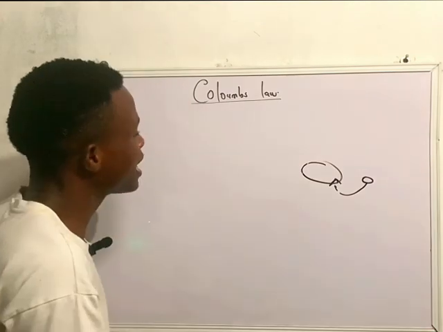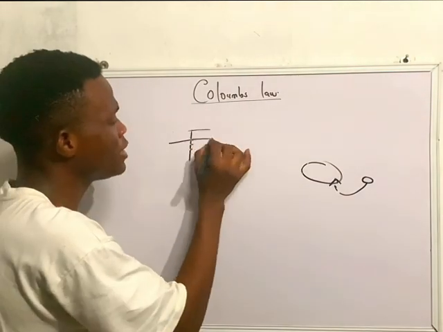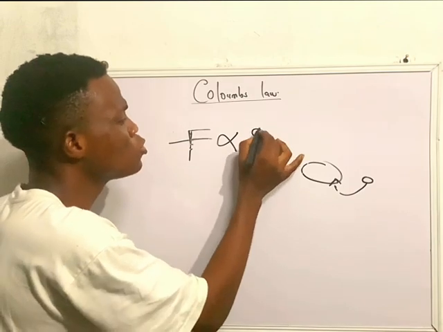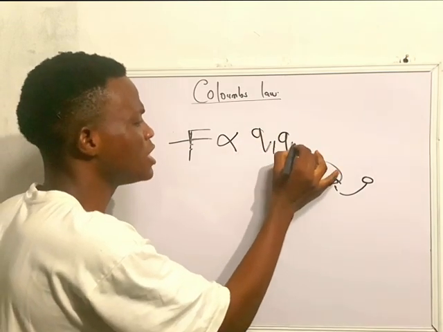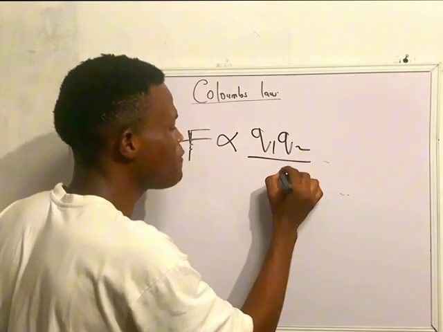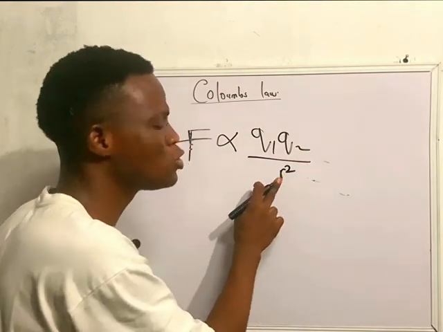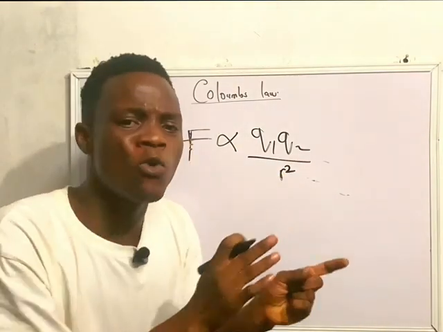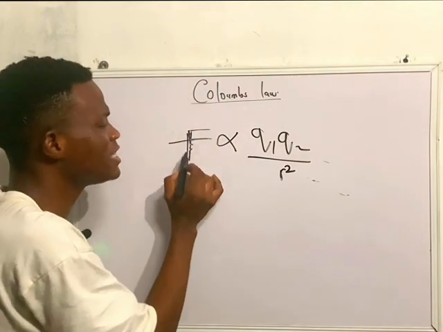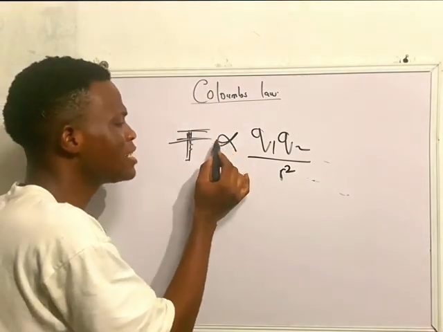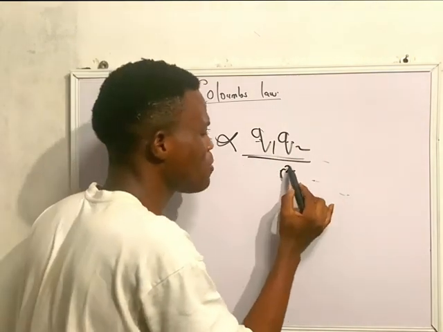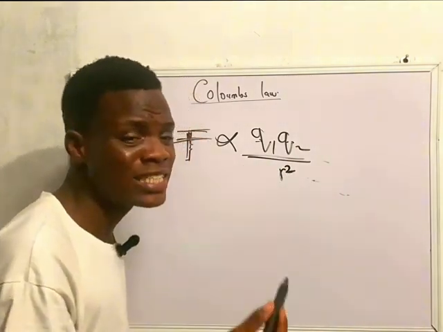So Coulomb's law states that the force experienced in an electric field is directly proportional to the product of the charges and inversely proportional to the square of their distance apart. Again, the force is directly proportional to the product of the quantity of charge and inversely proportional to the square of their distance apart.